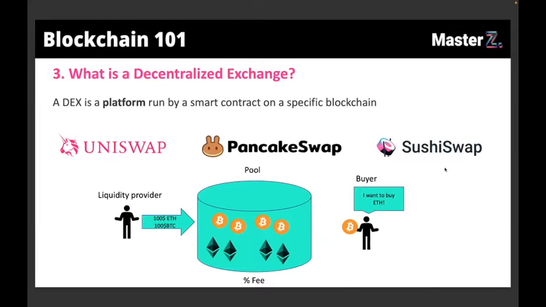Let's say that the next buyer wants this time to exchange his Ethereum for Bitcoin. He can do that, of course. And as you can probably see, we can have problems with this kind of method because, for example, if a lot of people want to exchange Bitcoin for Ethereum, we're going to have at the end of the day, let's say, zero Ethereum because everyone took out the Ethereum inside.